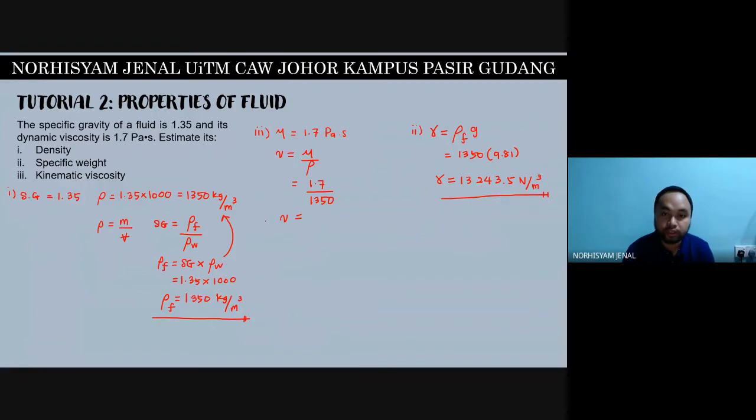So the answer is 1.259 times 10 to the power of -3, and the answer should be in meter square per second.